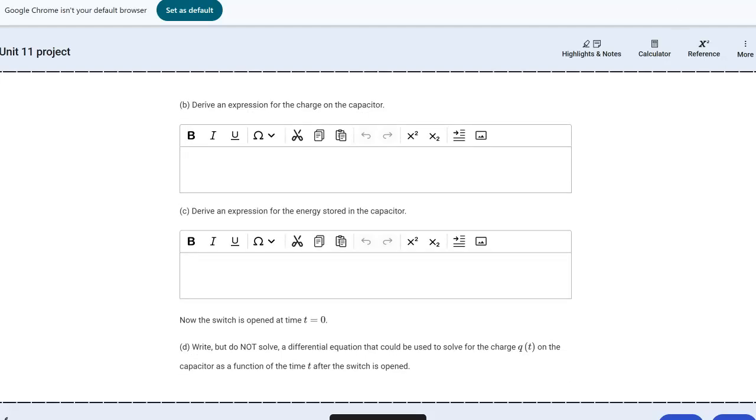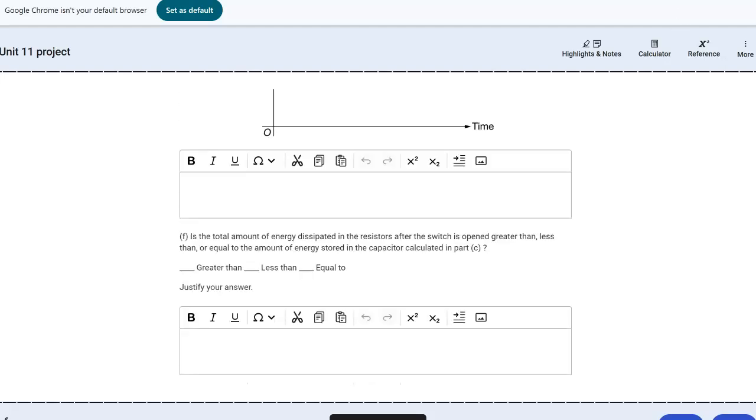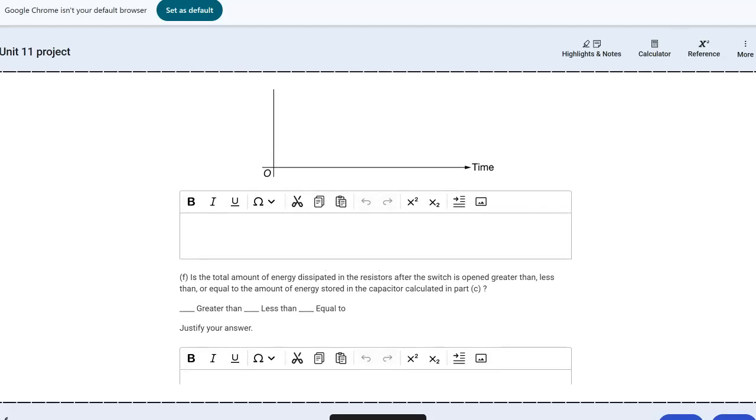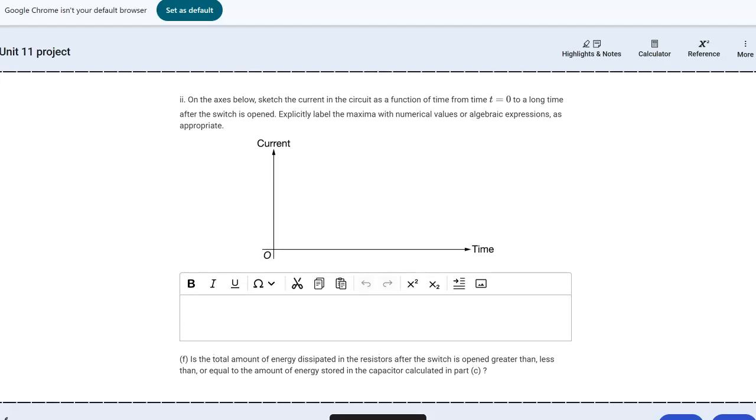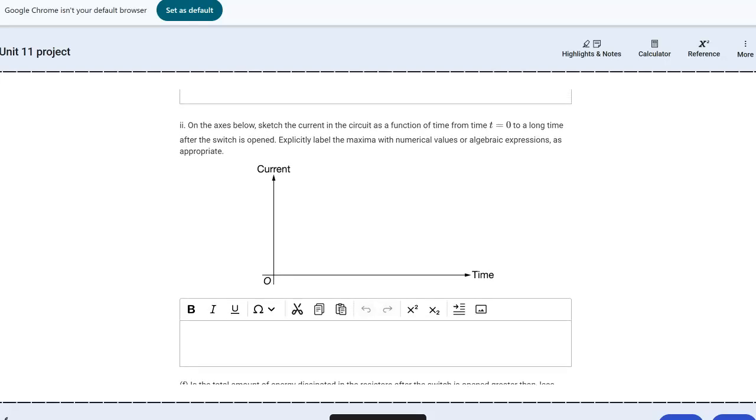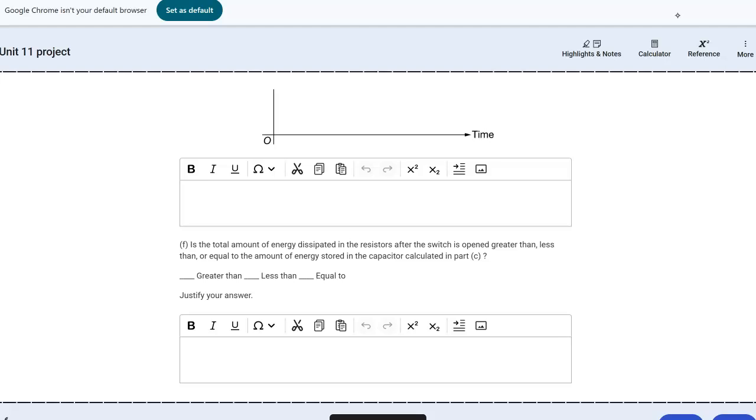Well, in part C we calculated 2C V naught squared over 9, and this would be the law of conservation of energy.